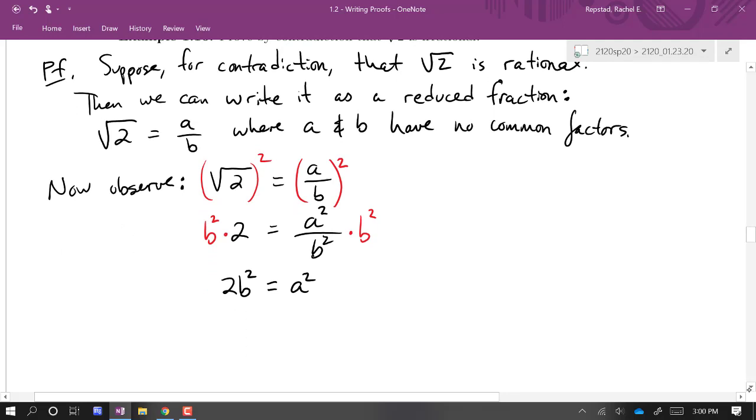Now we're going to rely on a result that we just proved. a squared is 2 times b squared. What kind of number is a squared, if it can be written as 2 times b squared? Even, yeah. Since it's 2 times some integer, we know a squared is even. And if a squared is even, what does that mean about a? a also has to be even. We just proved that.